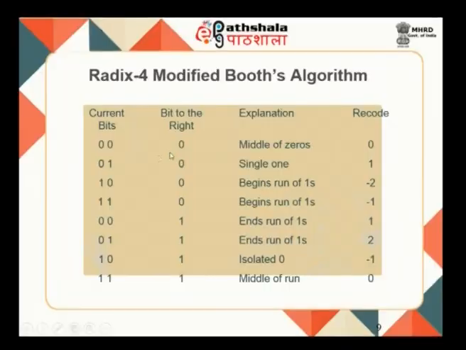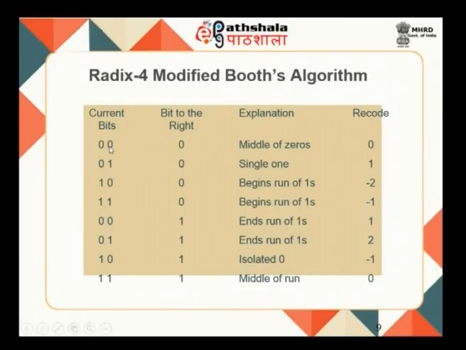Say for example, I have a 0 0 0. These are the current bits and this is the bit to the right. A 0 to 0 is coded as a 0, and 0 to 0 is coded as a 0. So you have 2 Booth's multiplier bits, 0 and 0. Now we try to combine those 2 multiplier bits into 1 multiplier bit and bring it to the rightmost position.